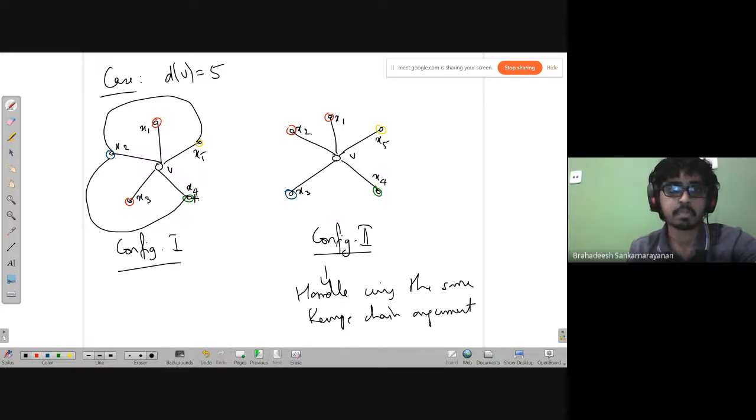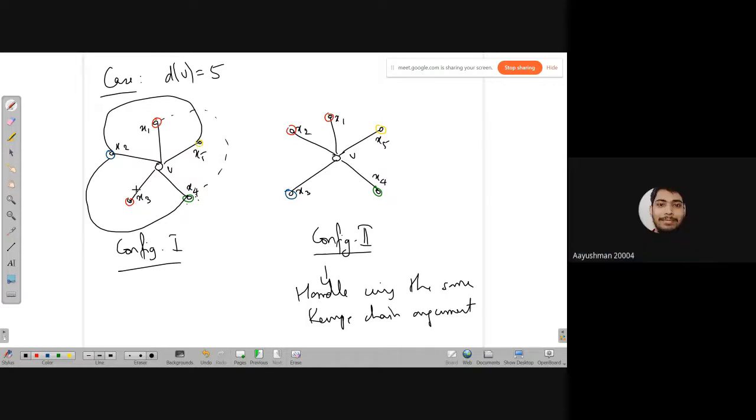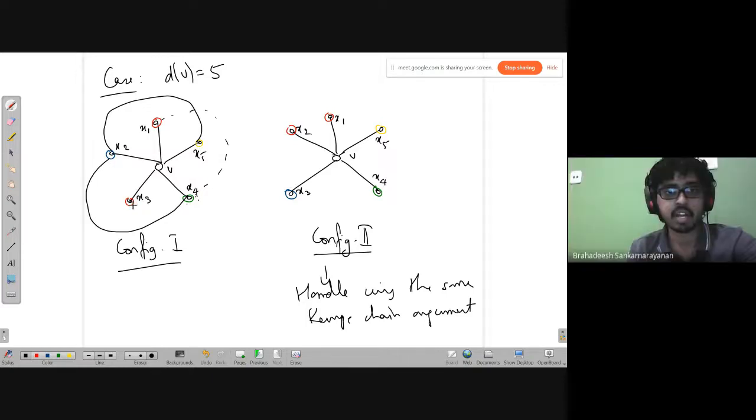Well, this guy is bounded by a blue-yellow Kempe chain, so it's not possible to get a red-green Kempe chain like this. Can you find a red-yellow Kempe chain? Well, this is bounded by a blue-green Kempe chain, so you can't find a red-yellow Kempe chain like this. Does it make sense?